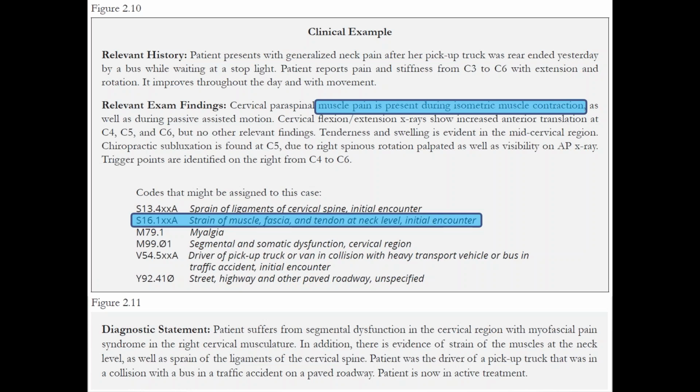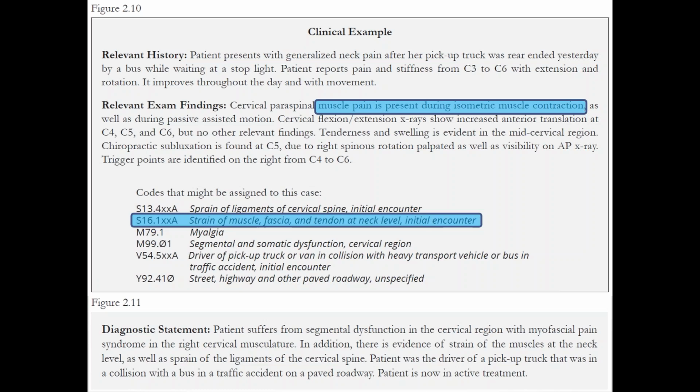I had the patient shorten their muscles and it caused pain. That implies that the muscles may be damaged, okay? And so I've gone out of my way to document clearly muscle findings as well as ligament findings.